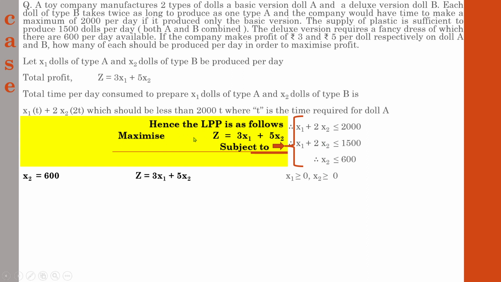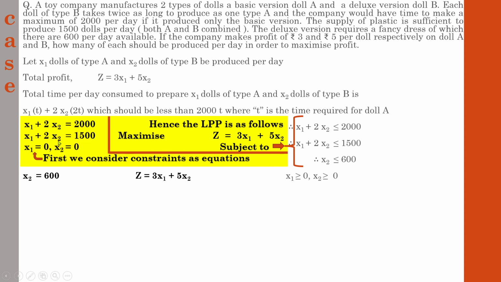Once you have found the maximization function and its constraints, now write down the linear equations on the basis of these constraints. So first of all, let us prepare equations on the basis of constraints. The equations are, first one, x1 plus 2x2 equal to 2000. Instead of this sign, we have used the equal sign.